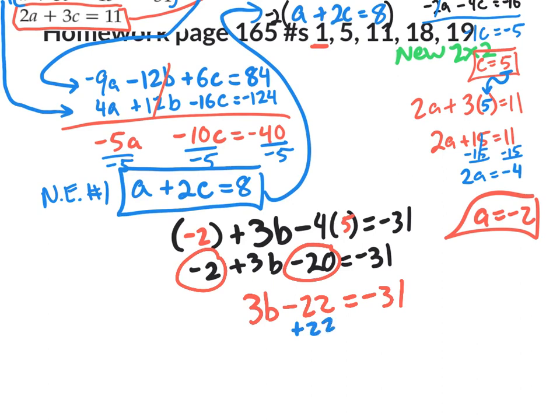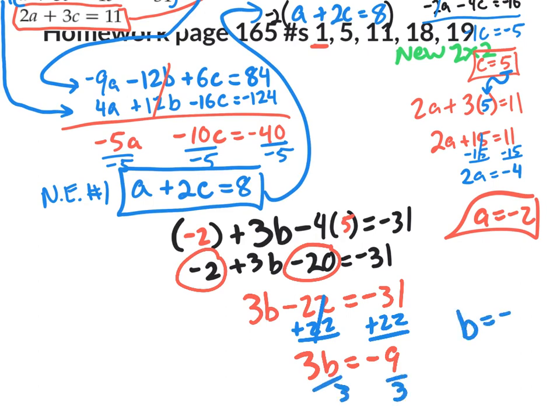Final two steps would be to add 22. We'll get 3b equaling negative 9, yeah. So our final step will be to divide by 3, b equals negative 3. So we do have our a value of negative 2, our b value of negative 3, and our c value of 5.